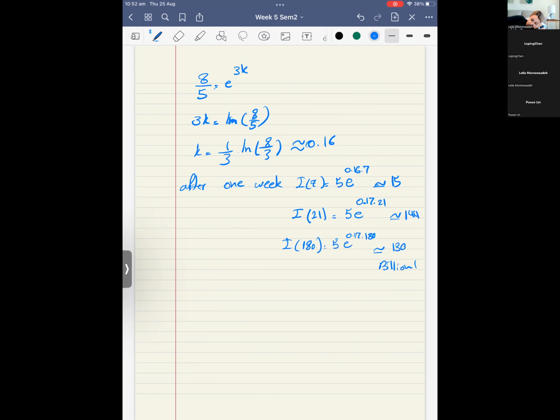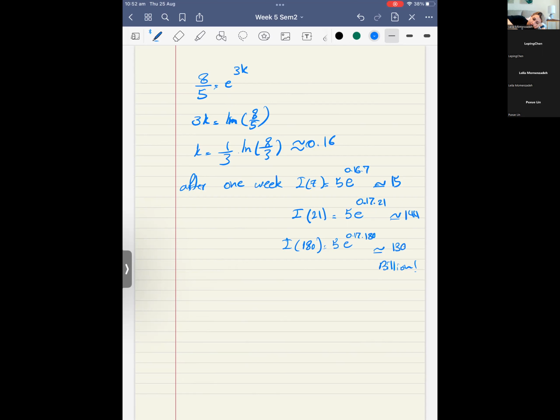You know how it increases, because the exponential growth is very fast. And some epidemics like this exponential function grow very fast.